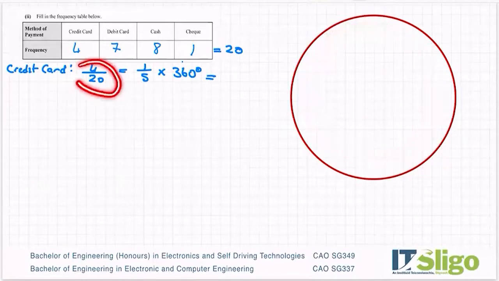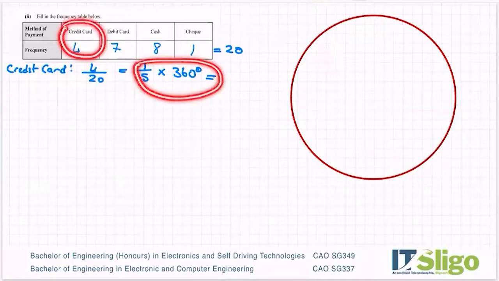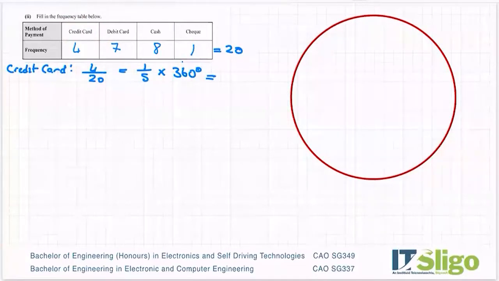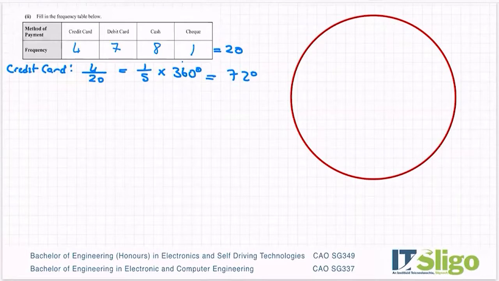So if a fifth of the people chose credit card, then I want a fifth of the pie to represent credit cards. So 4 over 20, I'm just putting this into the calculator, and I get 72 degrees for that one. And you work your way down through them all.